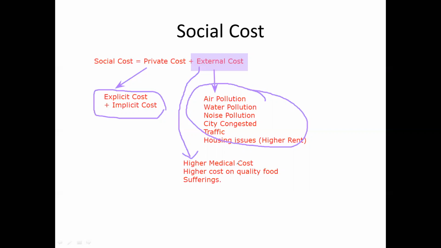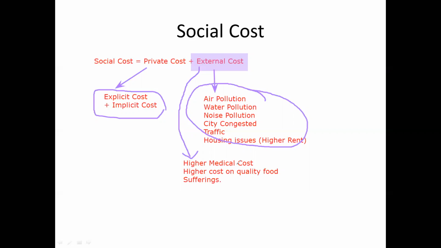External cost is the extra cost which the society pays for maintaining health, for living in that area, for traveling to the place of work. That is social cost.